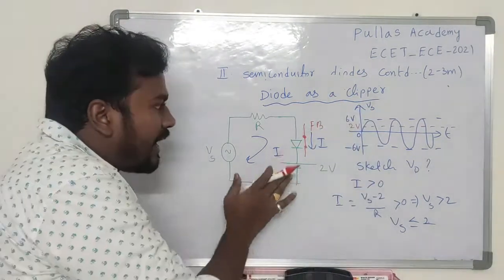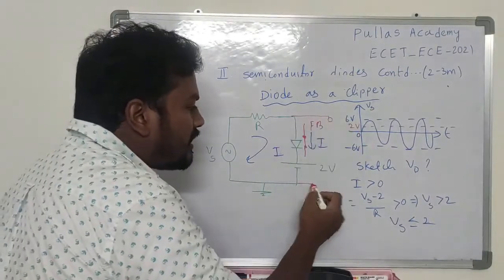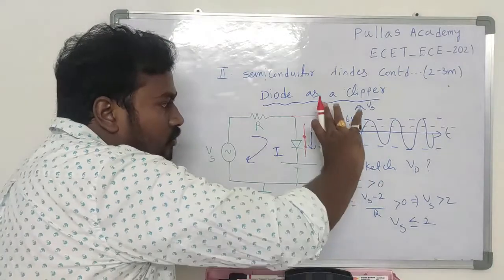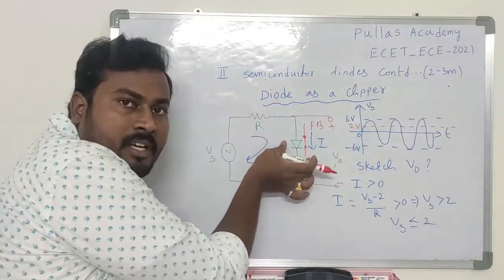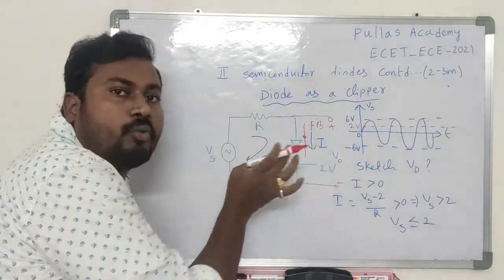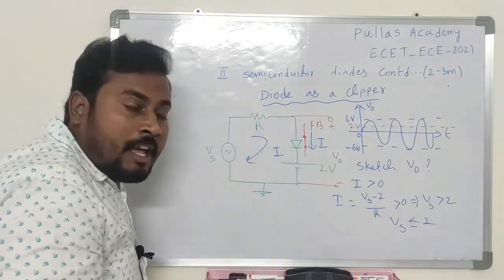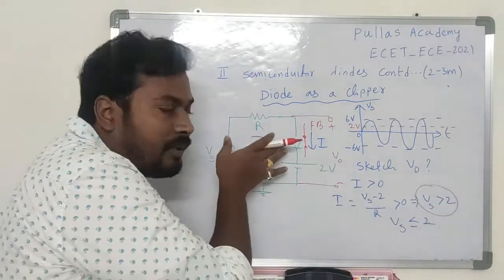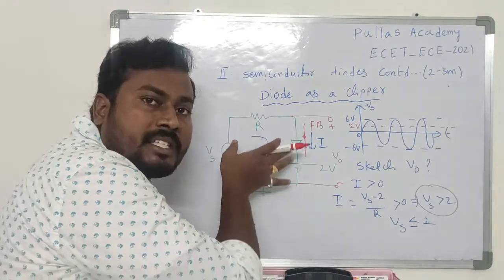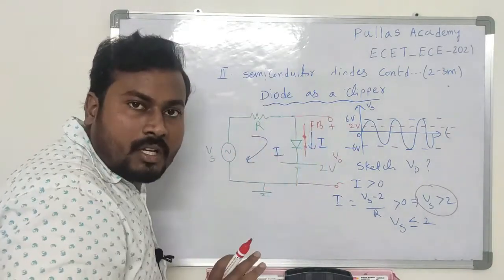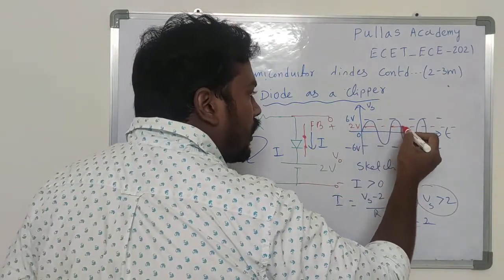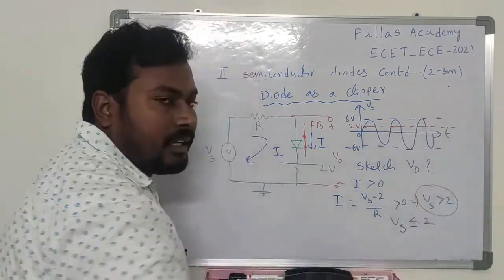What is the output voltage here? This is my output voltage, across these two terminals. If this is short circuited, then we can see only 2 volts. Then you have V0 as 2 volts. Clipped off to 2 volts.